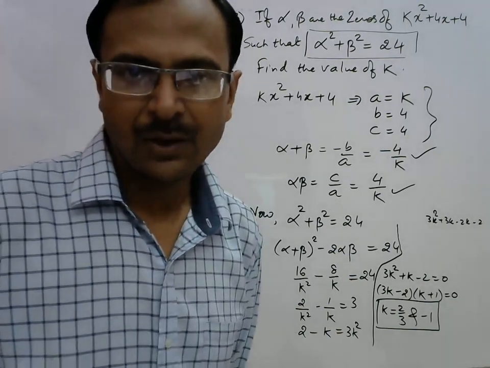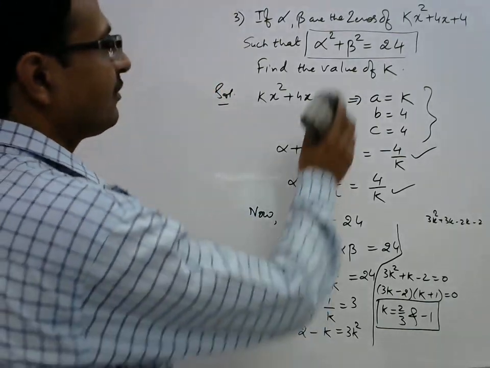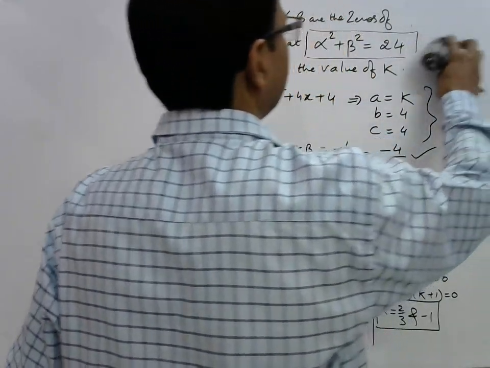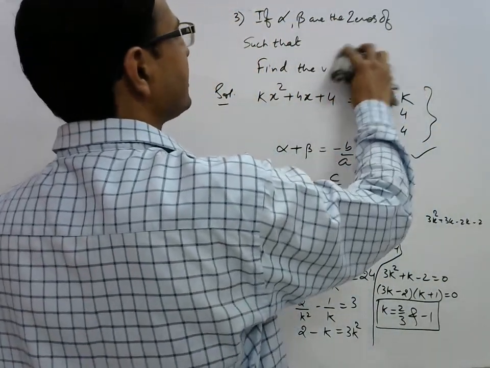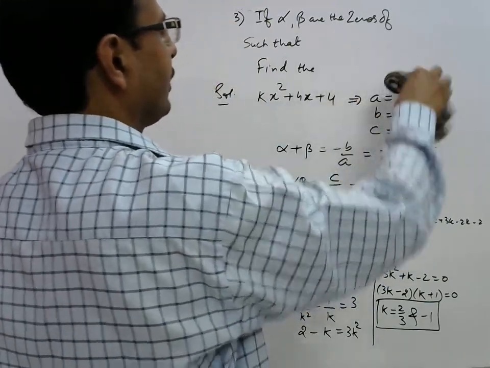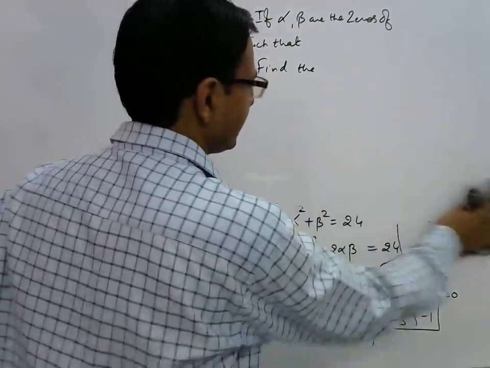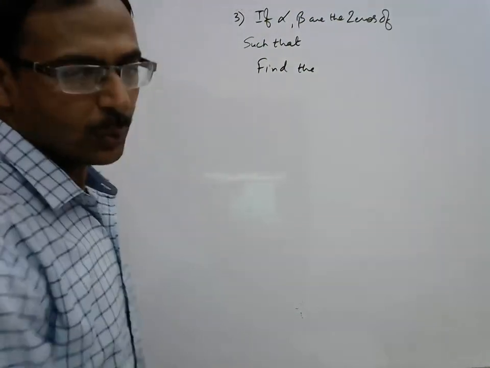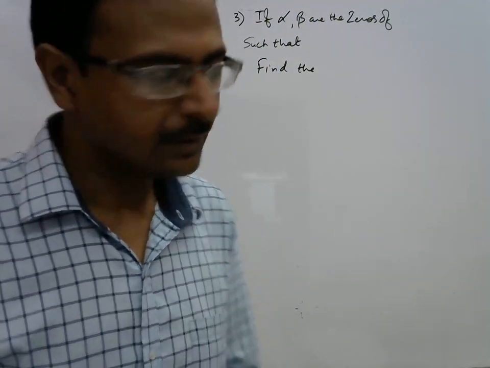Okay, now the question will change. If alpha beta are the zeros of something else, you need to find the value of k obviously. Let us see whether you can do it or not. I'll give you a simple one.